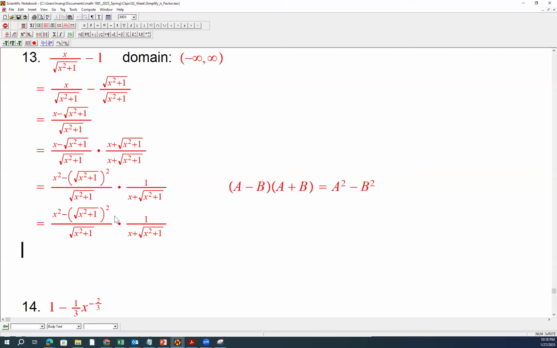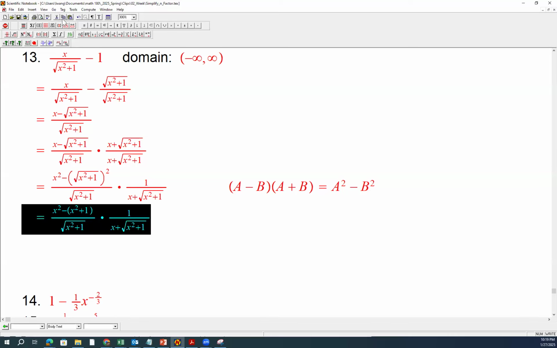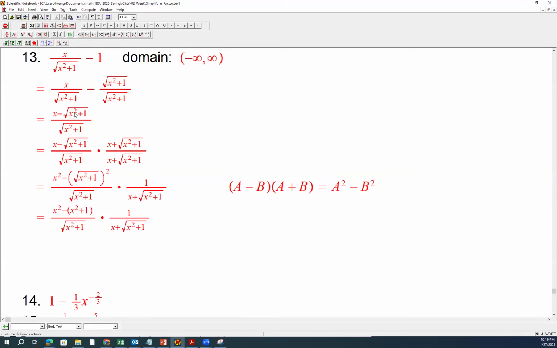This is one of the typical situations you are going to work with. So you end up with x squared plus 1, and then x squared minus 1. That's what's left on the top, so on the top is going to be -1.